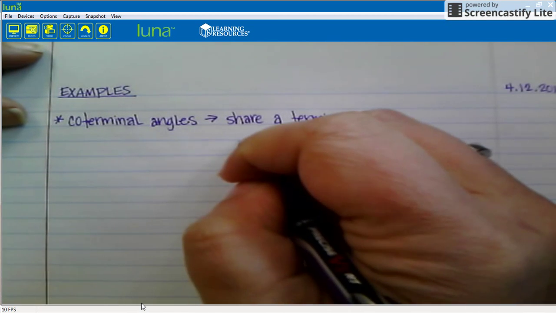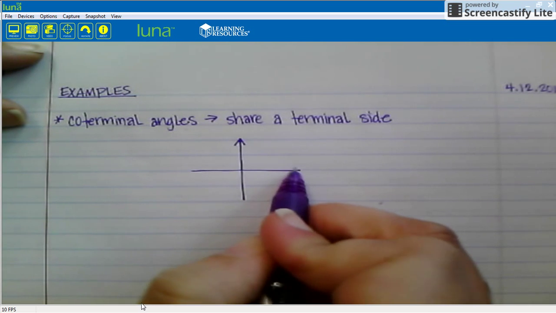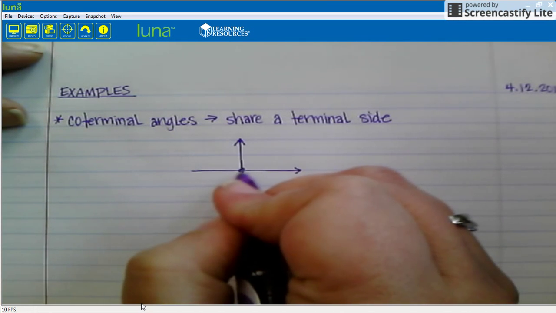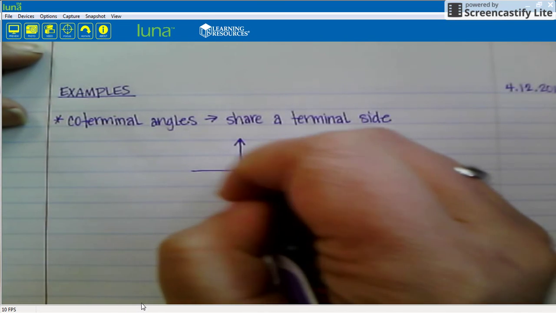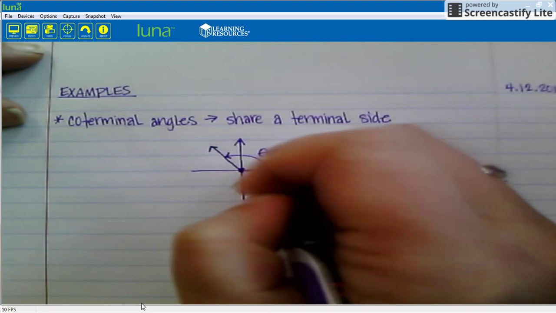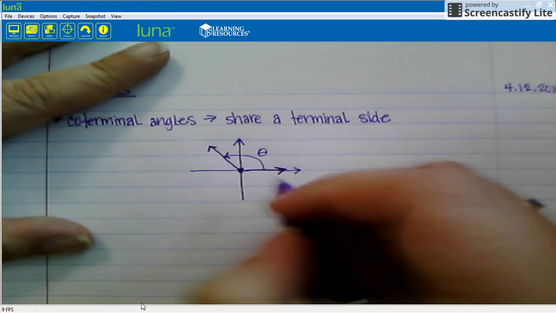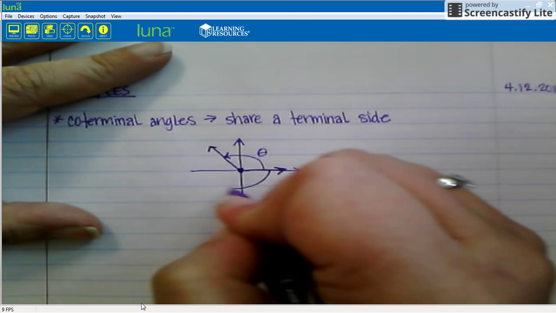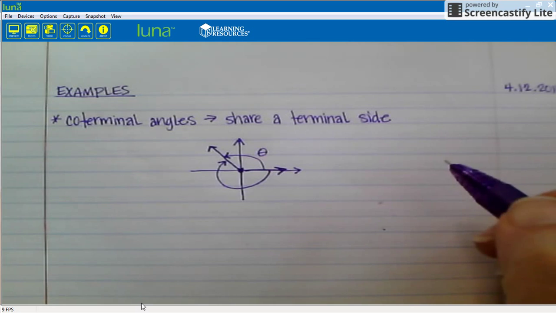So if I'm in standard position in the coordinate plane, and I have this angle theta, the coterminal angle to angle theta is going to be the angle in the opposite direction that completes the rotation.